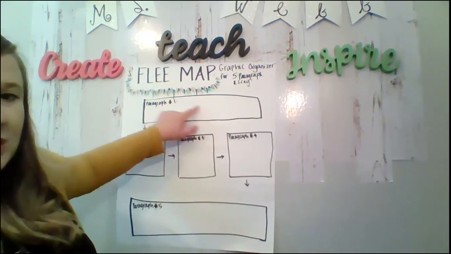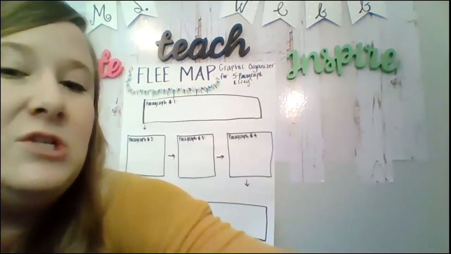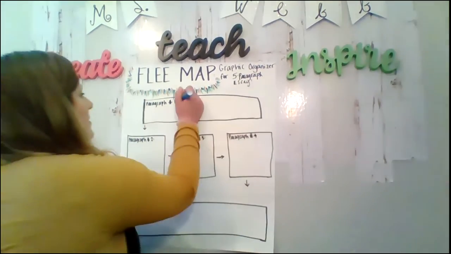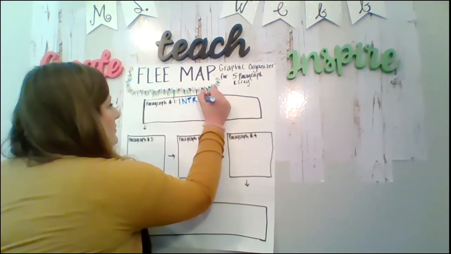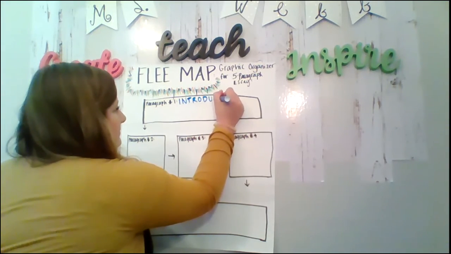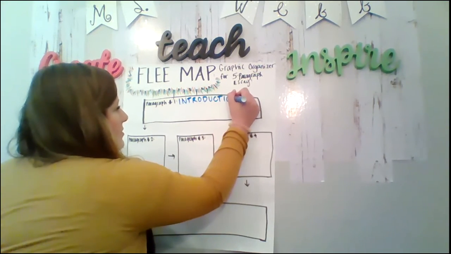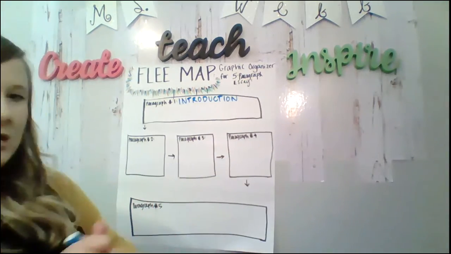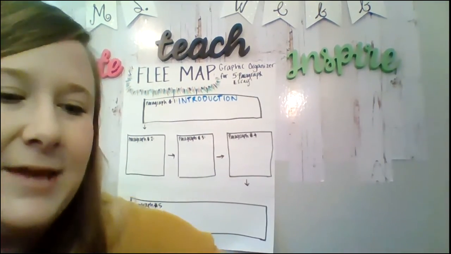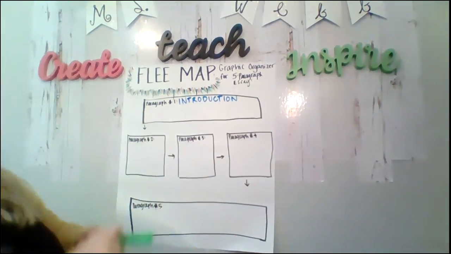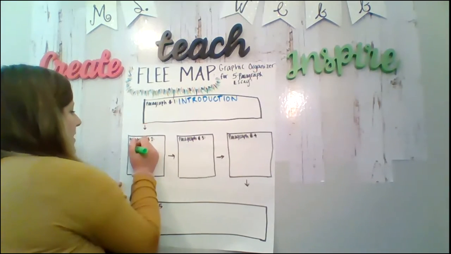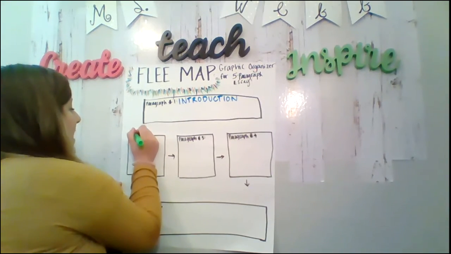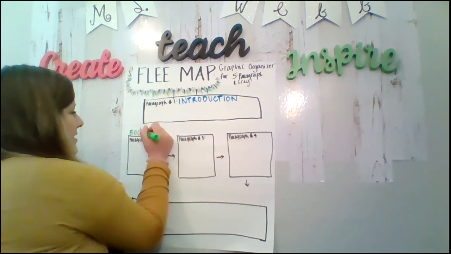So tomorrow we're only going to be talking about this, which is going to be your introduction. Okay. Introduction paragraph. We're going to learn exactly how to do that tomorrow. Next, you're going to have paragraph 2 is going to be body. We're just going to say body.